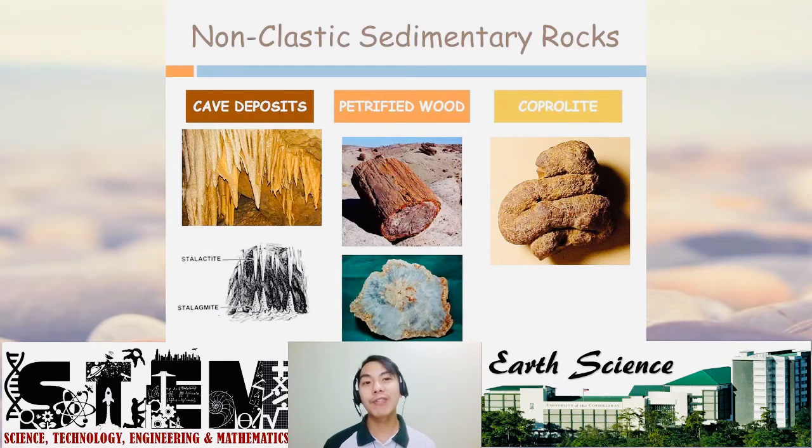There are discovered coprolites coming from dinosaur feces. When these accumulate and get covered with soil, after thousands of years they solidify into a rock. We classify those as sedimentary rock, under non-clastic sedimentary rock.